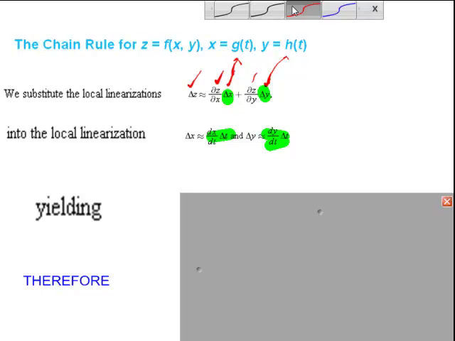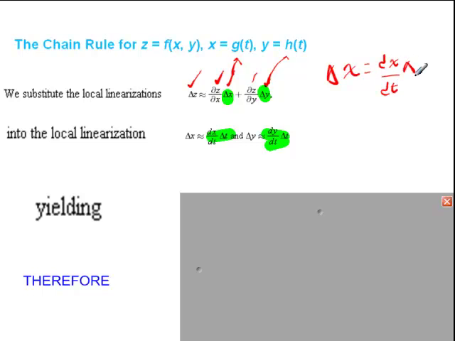So in other words, if we think about x, the amount that x changes depends on time, so how it changes with time times the amount of time that has passed. So we are replacing delta x with that, and similarly with delta y.